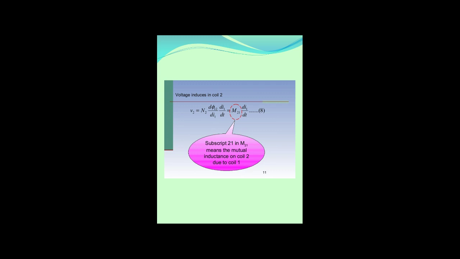The voltage induced in coil 2 is v2, which is equal to N2 d phi12 upon di1 dot di1 upon dt, which can also be written as M21 dot di1 upon dt. The subscript 21 in M21 means mutual inductance on coil 2 due to coil 1.